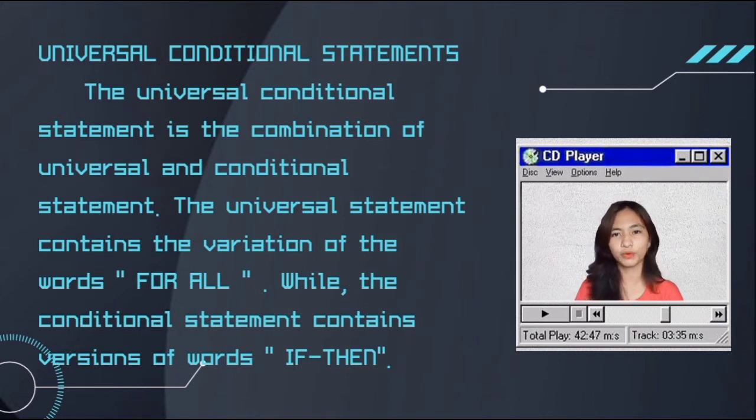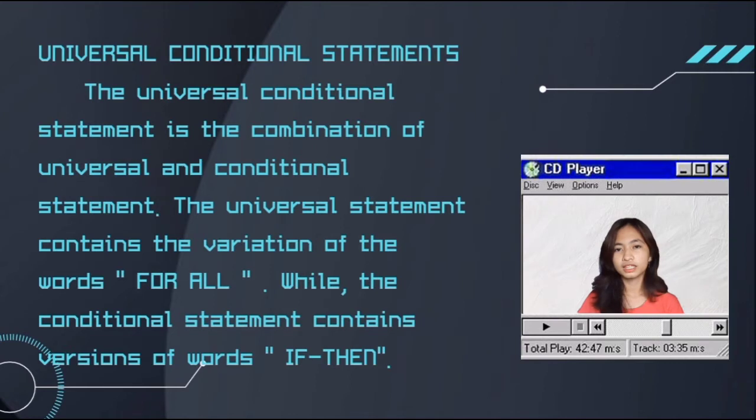So today I am going to discuss the combinations of the statements and how we can rewrite them in various ways. So first, the first combination is the universal conditional statement. The universal conditional statement is a combination of universal and conditional statements.